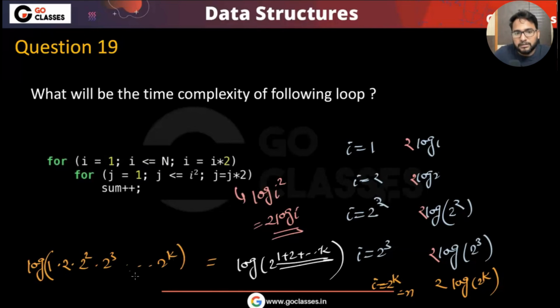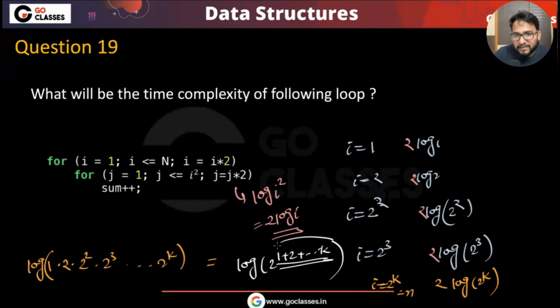This is multiplication. This is not addition. This is a multiplication, so this is not the summation of the GP. You are multiplying, so you need to add the powers. Is this okay to everyone?